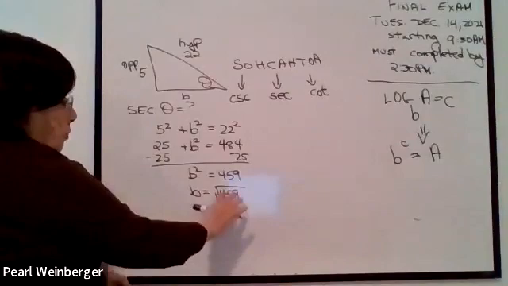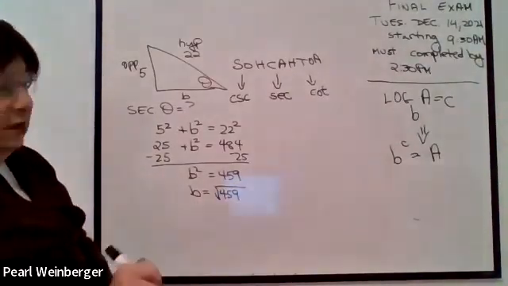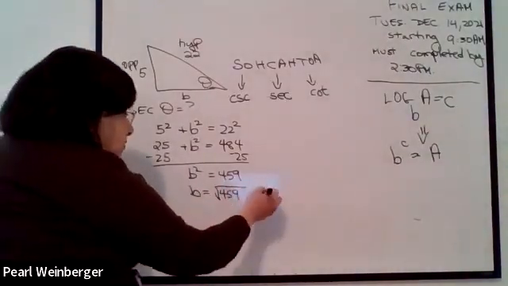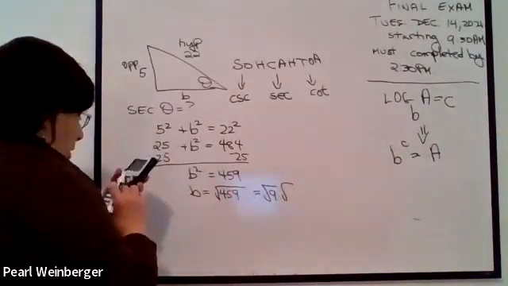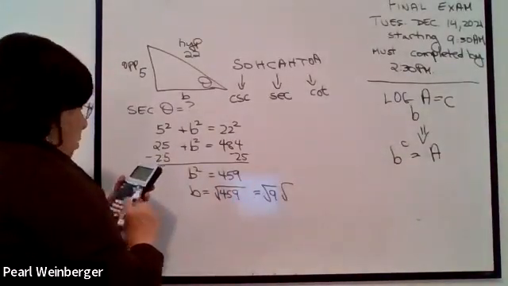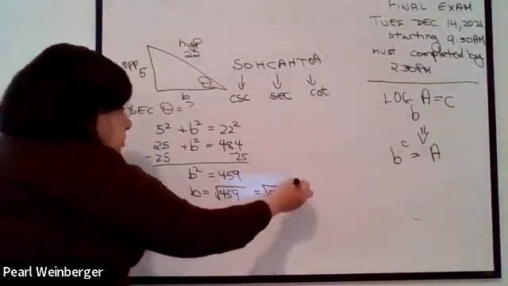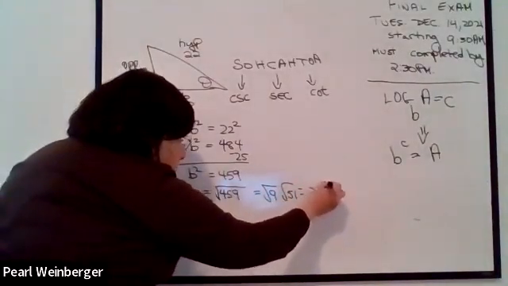Now, I noticed right away, because I see a 45 and a 9, that this is divisible by 9. This is the square root of 9 times the square root of 51, which gives me 3 radical 51.